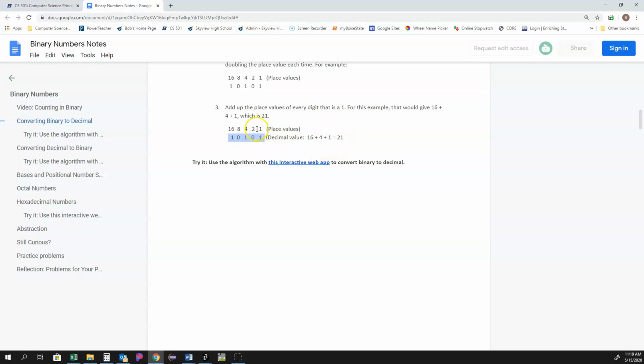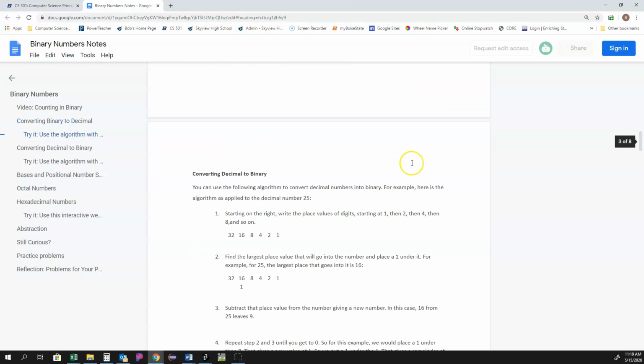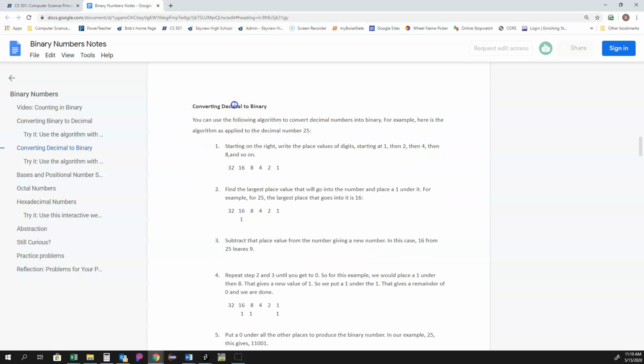The ones place is turned on, the 4 is turned on, and the 16 is turned on. So we would add those up: 16 plus 4 plus 1 equals 21. So 21 represented in binary is 10101.